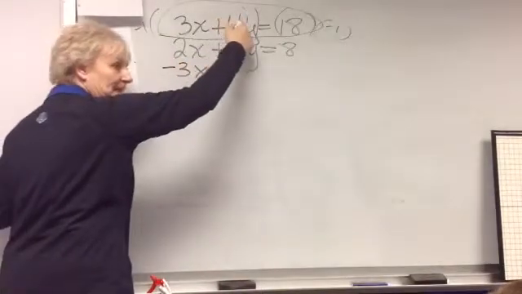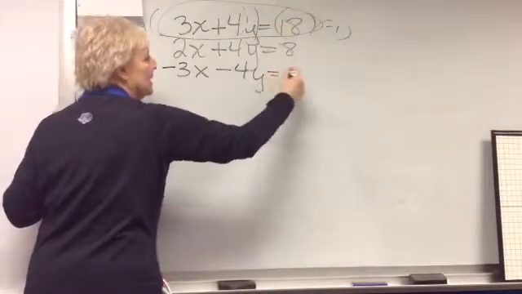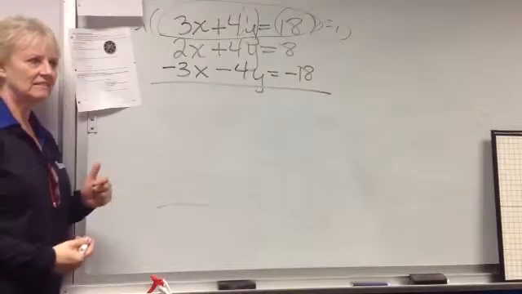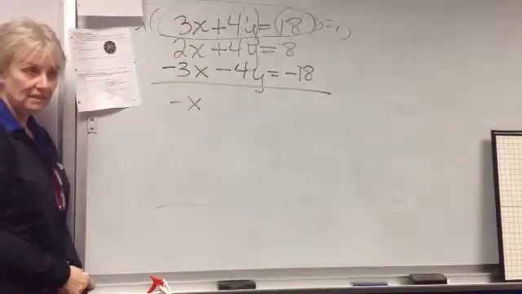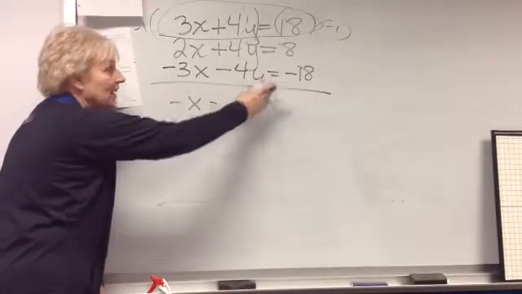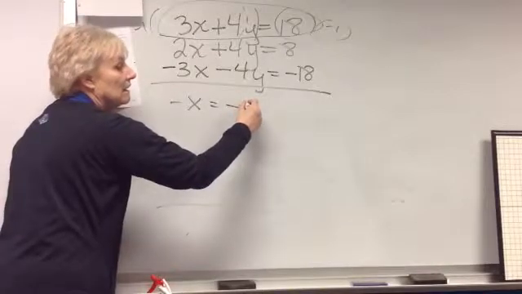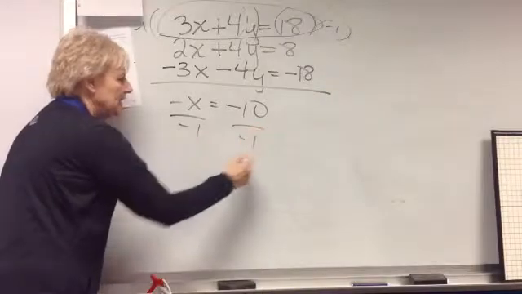Multiply that by -1, -4y, and -18. Now let's add. That gives me negative x, that gives me nothing for y, and that gives me -10.